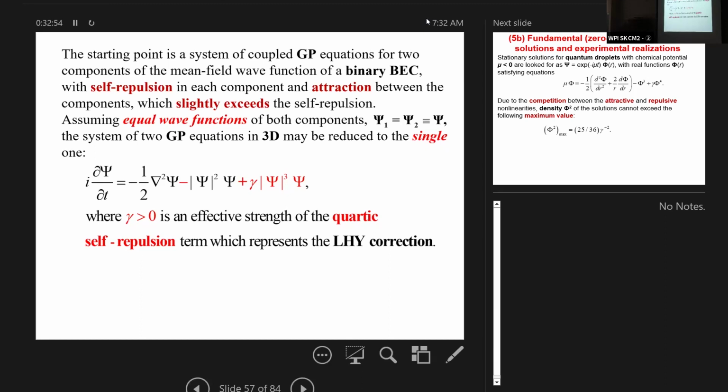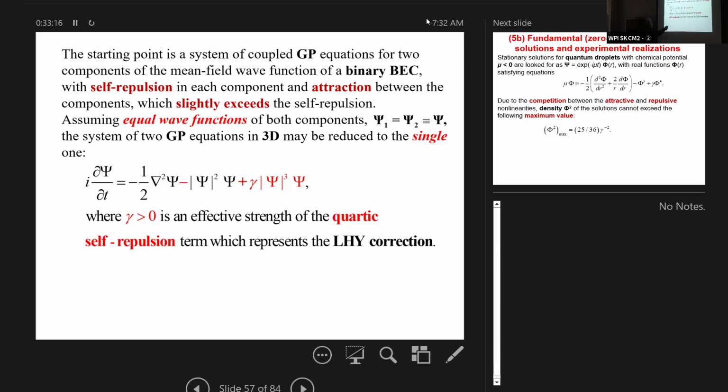However, by means of the Feshbach resonance, which I mentioned, experimentally it's quite possible to switch the interaction between the two components into attraction. And then one can consider the symmetric configuration when the wave functions psi of both components are equal to each other. So it's enough to write a single Gross-Pitaevskii equation, not a system of two.